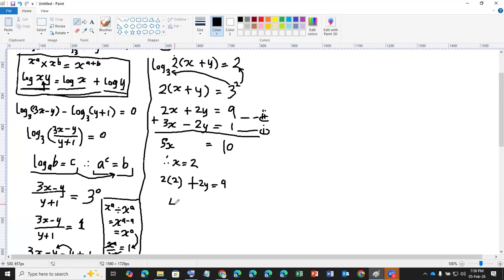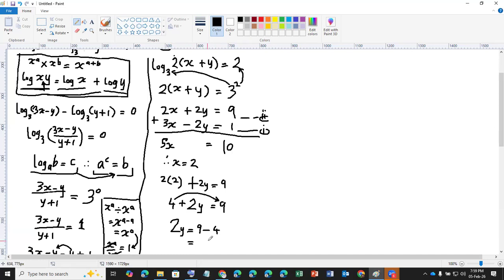So the 4 will go over to the other side to meet 9, and it will become 2y equals 9 minus 4, right? Yes, sir. And 9 minus 4 is 5.